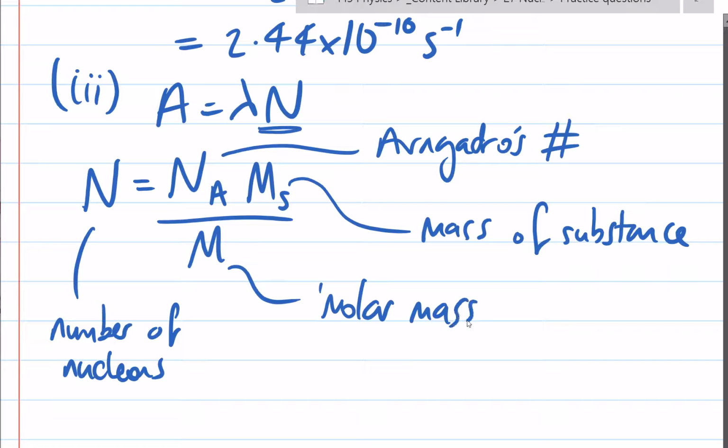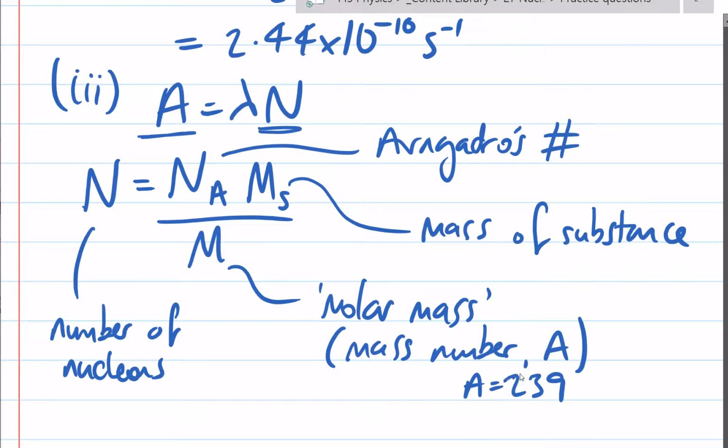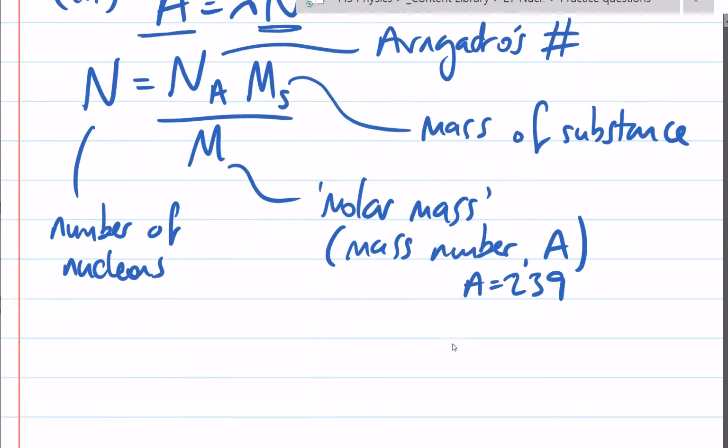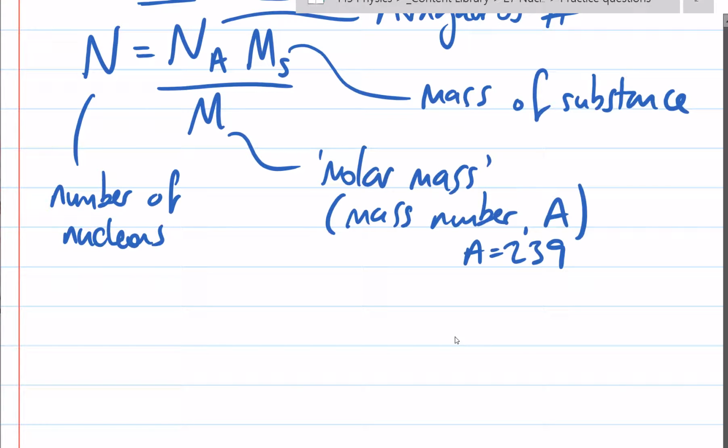You'll come across this in thermal physics, the molar mass, which is also the mass number, or to make it really confusing, A. But not A as in activity, A as in A equals 239, the number of protons and neutrons. A way that I remember this is saying Na, miss, never mind.